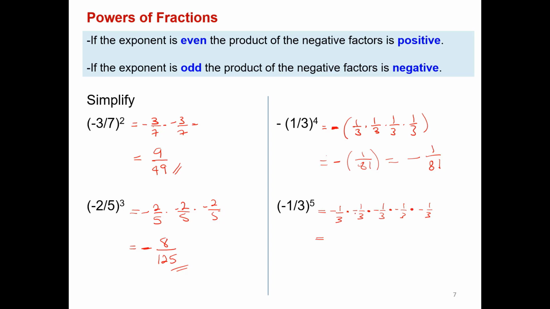Negative times negative is positive, positive times negative is negative, negative times positive is positive, positive times negative is negative, as we expected. We had 1 on top, and in the denominator, 3 times 3 is 9, 9 times 3 is 27, 27 times 3 is 81, 81 times 3 is 243. And this is the answer.